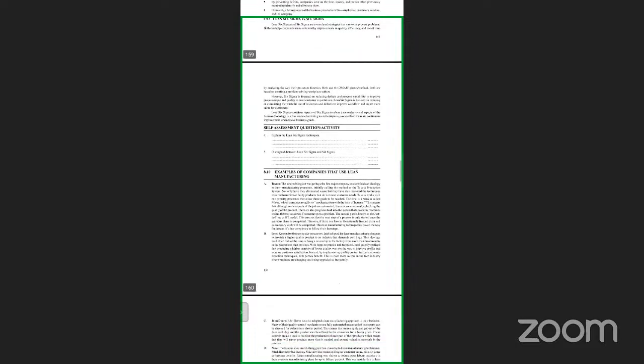And it is possible by analyzing their process function. And both use the DMAIC phase method, and both are based on creating a problem-solving workplace culture. And Lean Six Sigma combines aspects of Six Sigma and aspects of Lean methodology to improve the process flow, maintain continuous improvement, and achieve business goals.